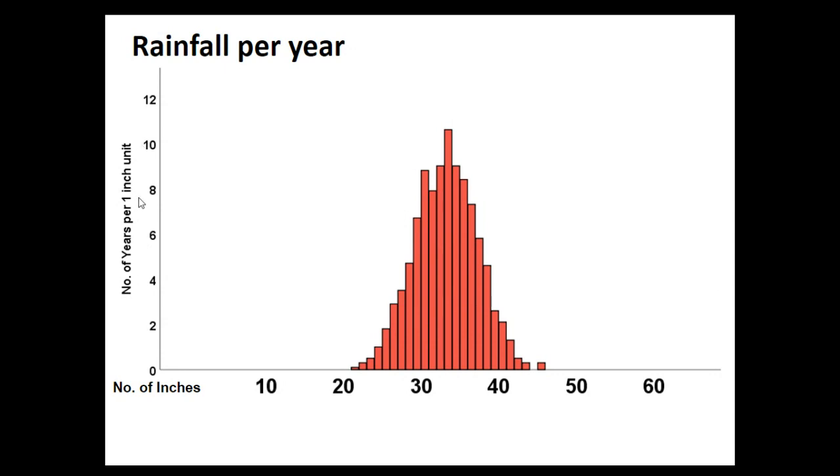If it was a density histogram, the y-axis would show the percentage of years, right? That would make it a density histogram. The real difference between a density histogram and a frequency histogram is that the frequency histogram usually has a number over on the y-axis. The scale is for that, whereas a density histogram has percentage per 1-inch unit.